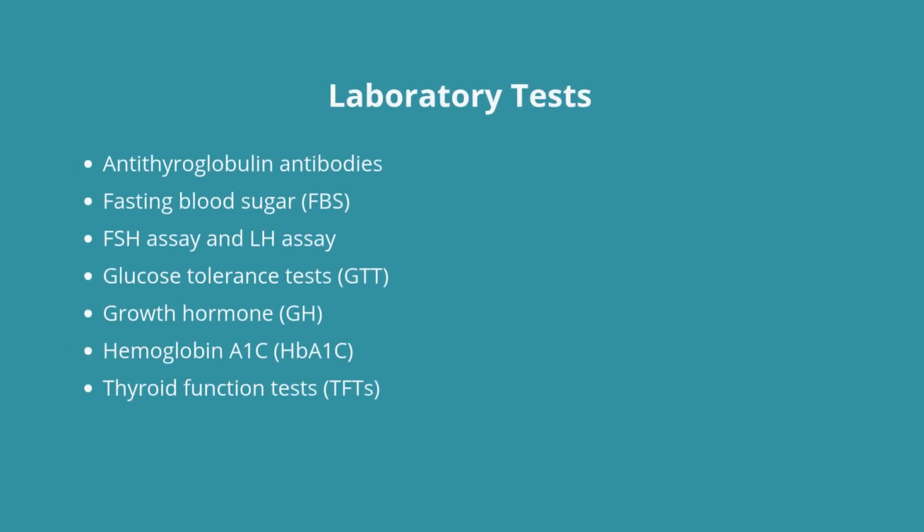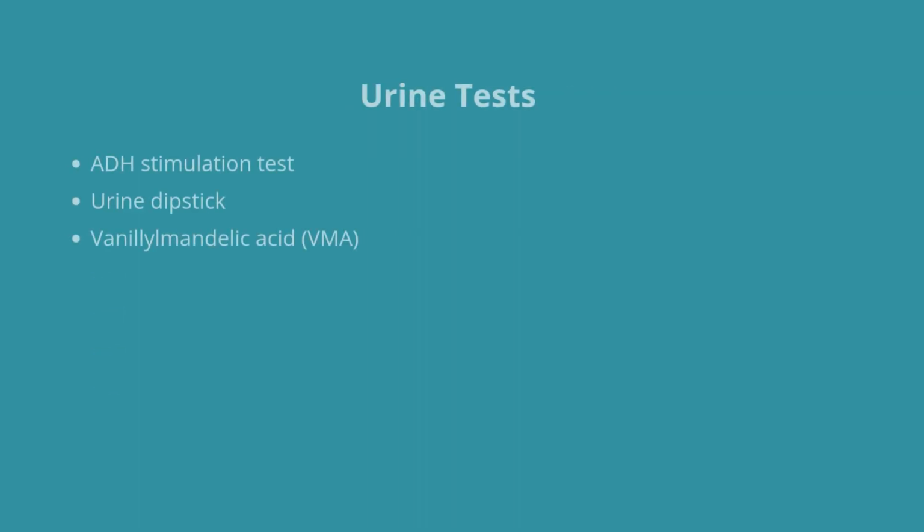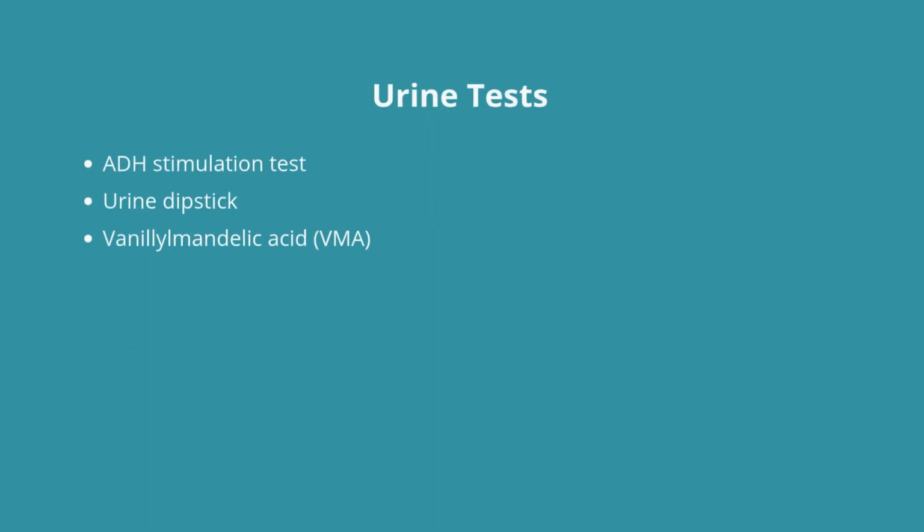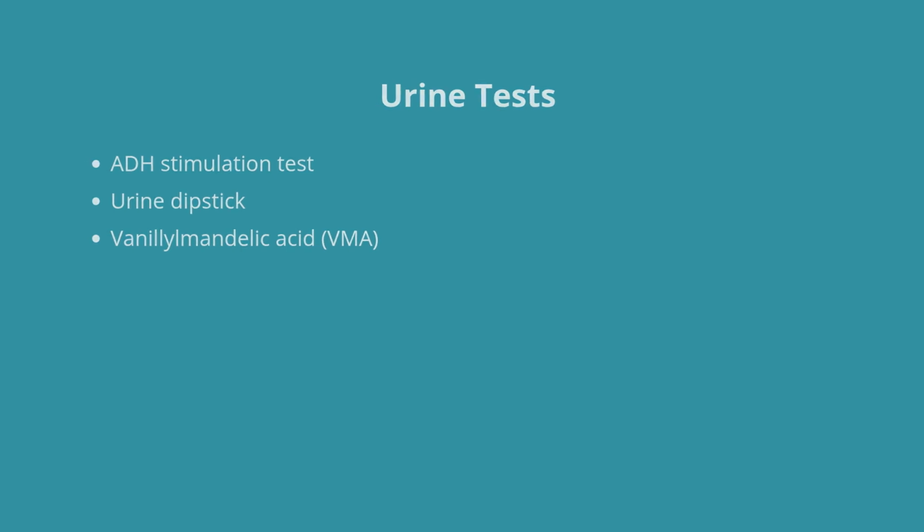Some blood tests include antithyroglobulin antibodies, fasting blood sugar, FSH assay and LH assay, glucose tolerance tests, growth hormone, hemoglobin A1C, and thyroid function tests. Some urine tests include ADH stimulation test, urine dipstick, and vanillyl mandelic acid.